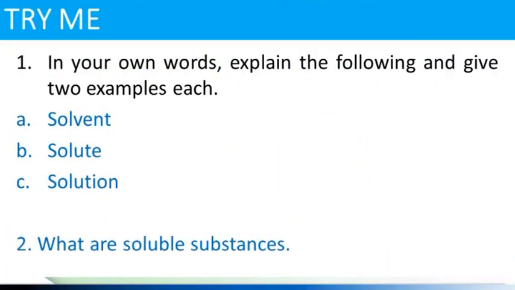But before you go, let's take some assessments. Question 1. In your own words, explain the following and give 2 examples each. A. Solvents. B. Solute. C. Solution. 2. What are soluble substances?